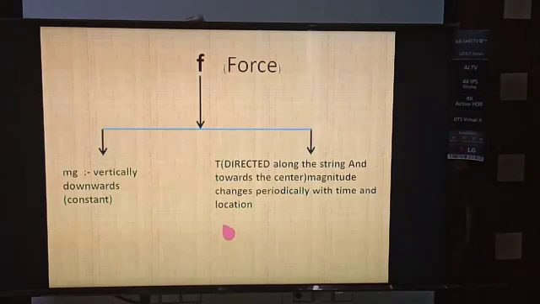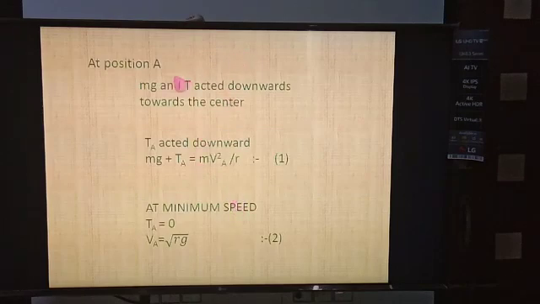At position A, means at the uppermost position, both mg and TA are downwards, that is towards the center. In this case, their resultant is used only as the centripetal force.